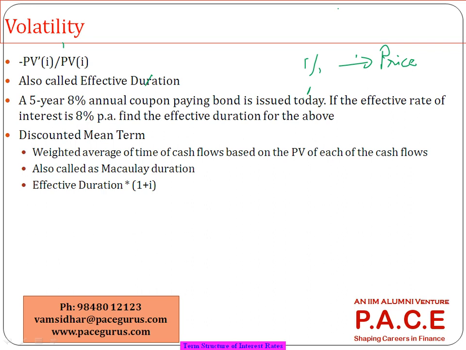But if the interest rates go up or go down in the future, what could be the change in the value of the bond, or what could be the change in the present values? And that is what we are calling as the volatility. What is the change in the present?